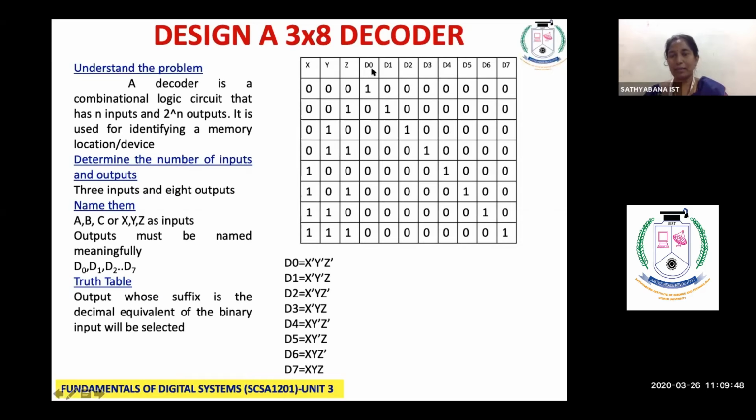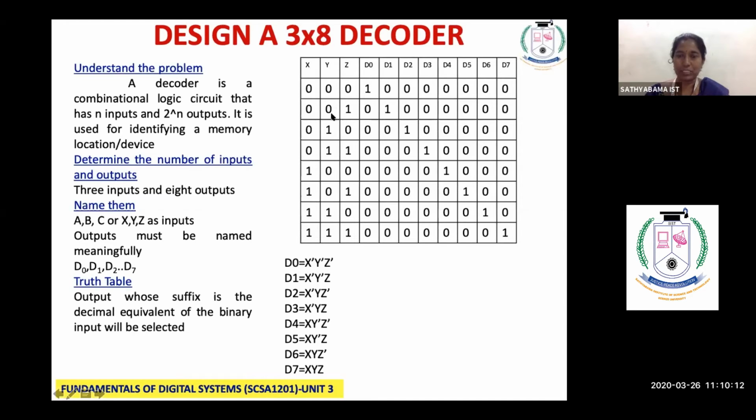What is it for? We have to go to the output variable, one by one. In that column, we have to check where all we are having a 1, and write the corresponding inputs which caused this 1. So if I take D1, I am having 1 only here. So I should go to those inputs.